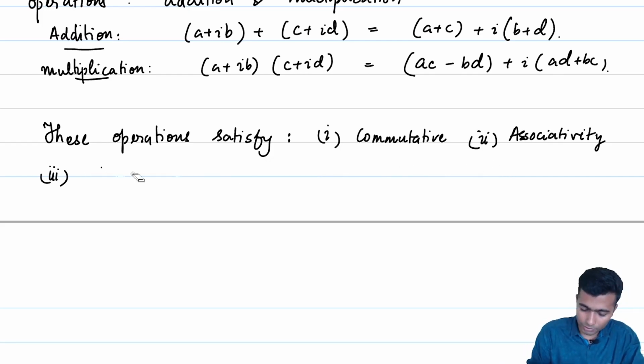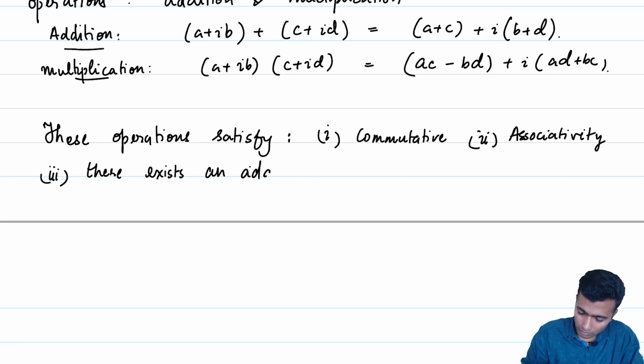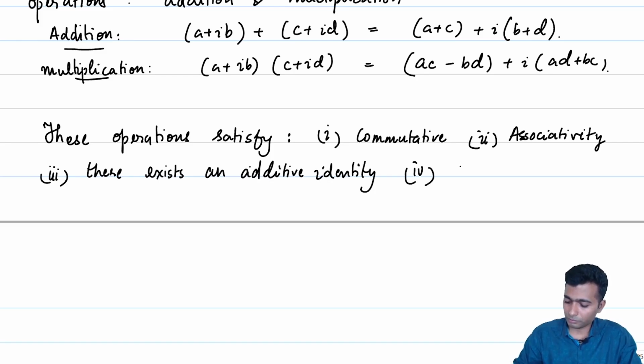So 0 plus i times 0, there exists an additive identity. If you add any complex number to 0 plus i times 0, we get back the complex number. There exists an additive identity, which is 0 plus i times 0. Well, every complex number has an additive inverse. So if a plus ib is given to you, minus a plus i times minus b is an additive inverse.